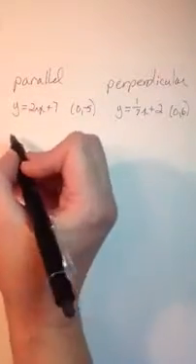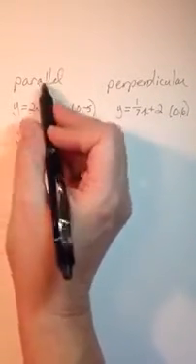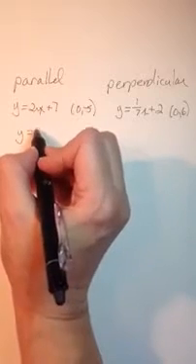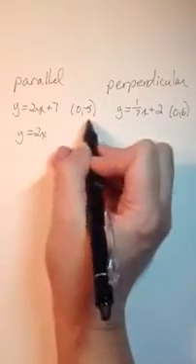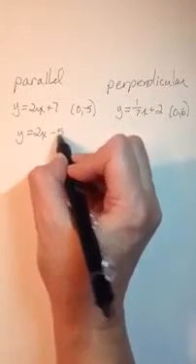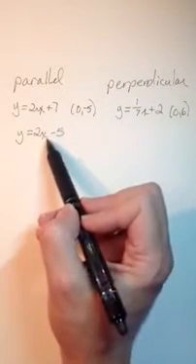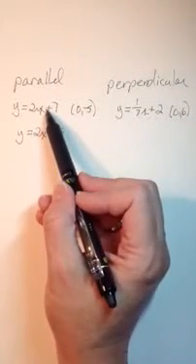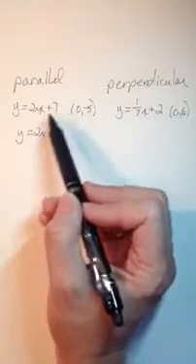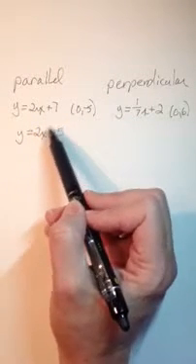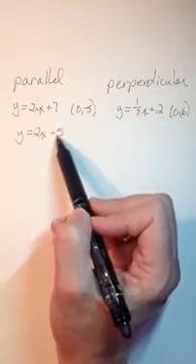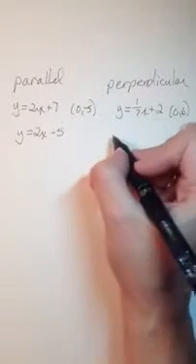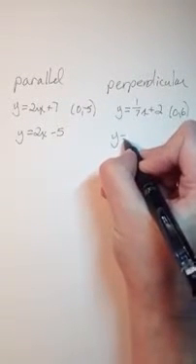Parallel lines have the same slope. So if my line is going to be parallel to this line, it has the same slope. The y-intercept, I'm told, is -5. So this is the equation of the line parallel to this one that passes through this point. Perpendicular, opposite and reciprocal.